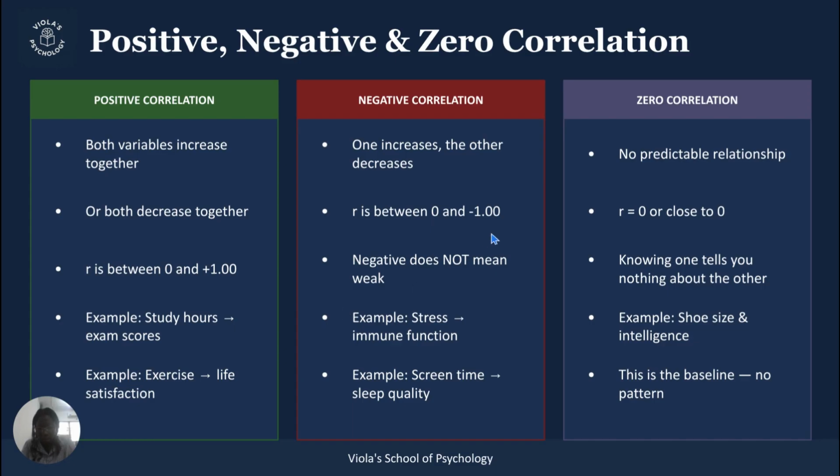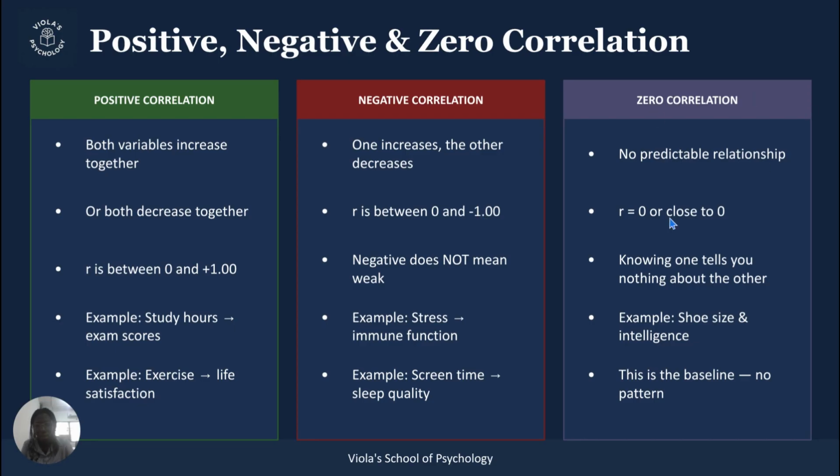And remember, a negative coefficient does not mean that the relationship between these two variables is weak, right? A correlation of minus 0.80 is extremely strong. Negative refers to direction only.